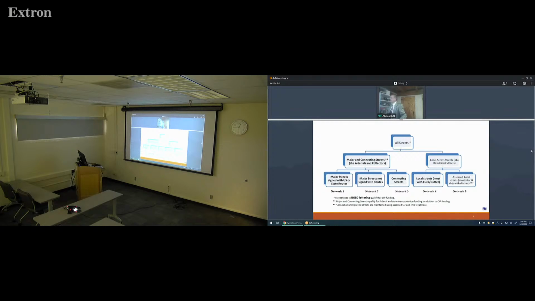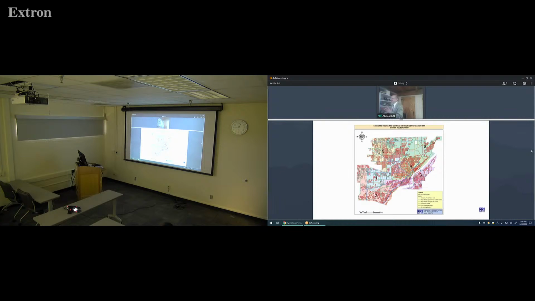Now, looking at the overall city map, the city has been divided into so-called 6 council districts also. Each council district represents a district for which a council member will be responsible.